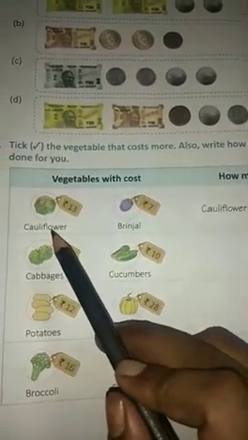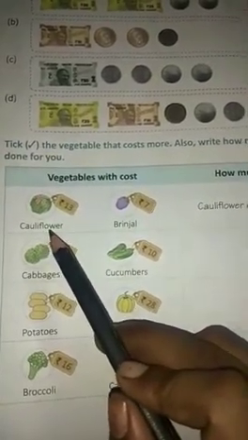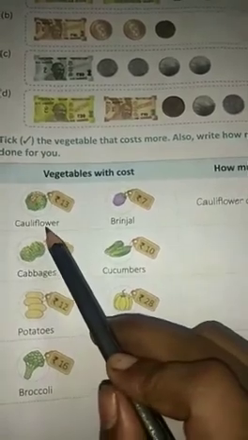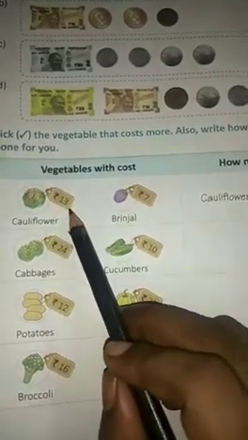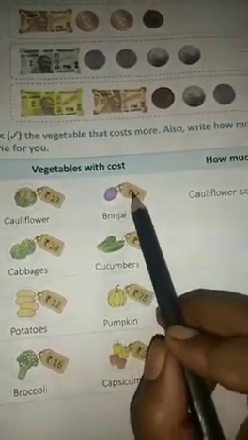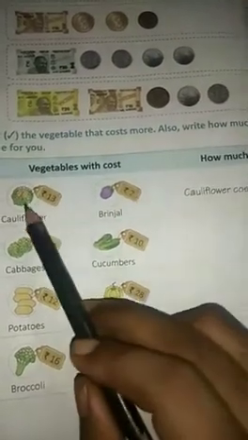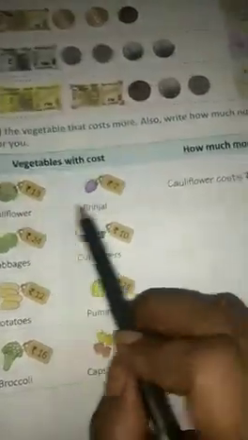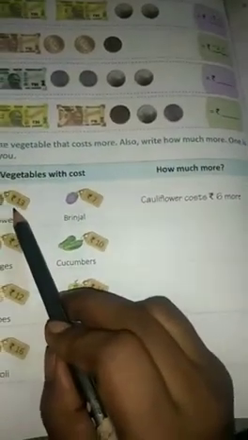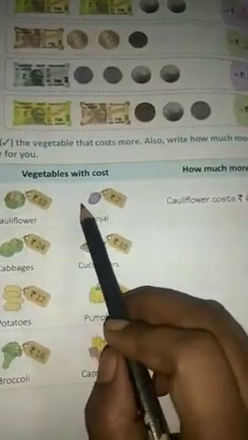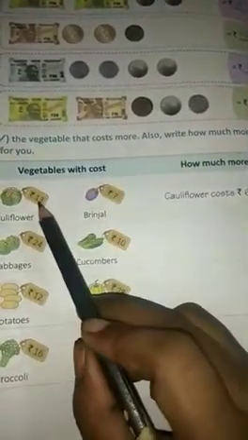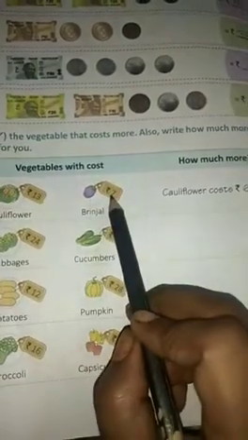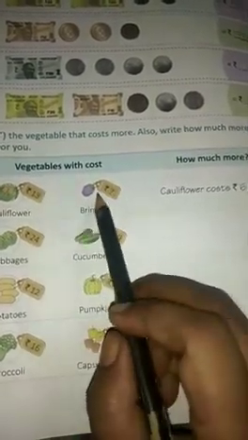Let's see an example. Here is cauliflower and cauliflower costs rupees 13. Here is brinjal and brinjal costs 7. So by looking at them, cauliflower costs more, but how much more? If we subtract 13 minus 7, that means 6 rupees.